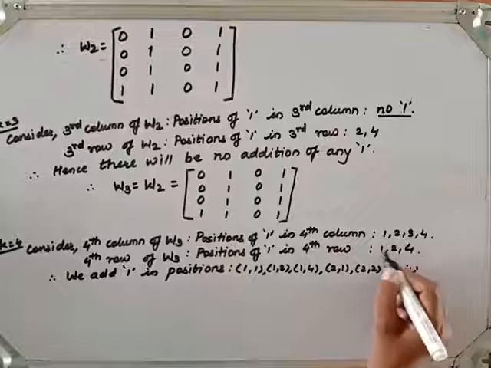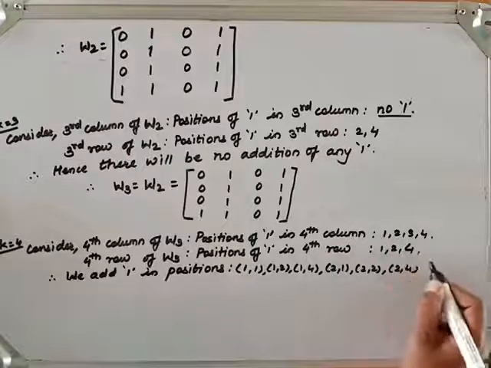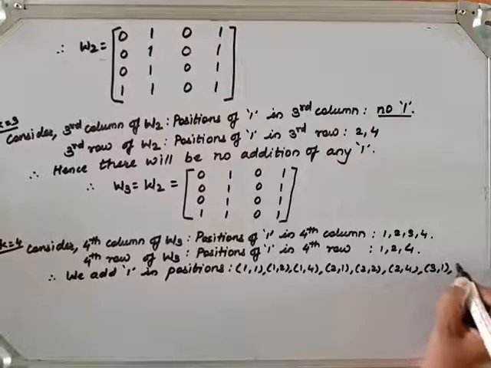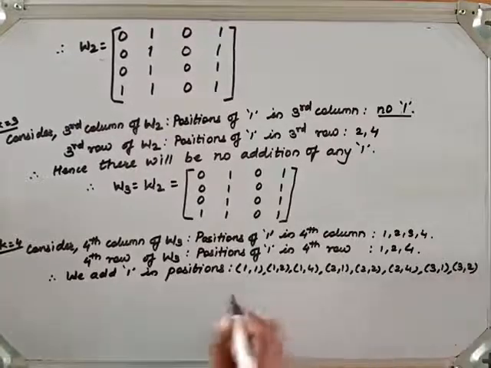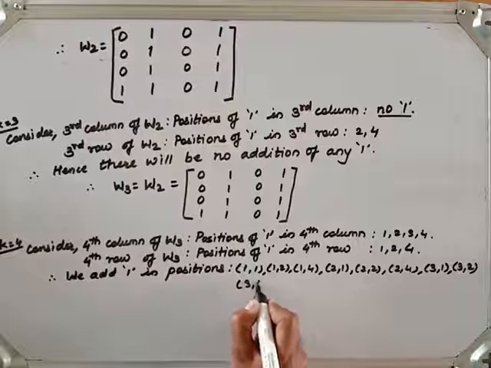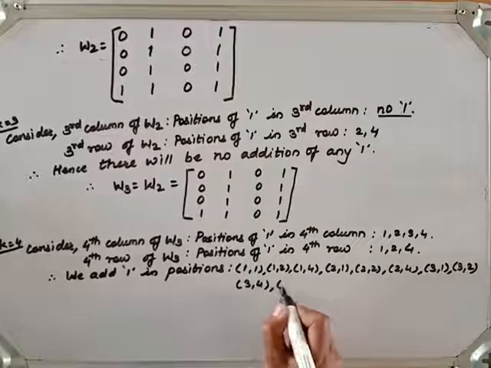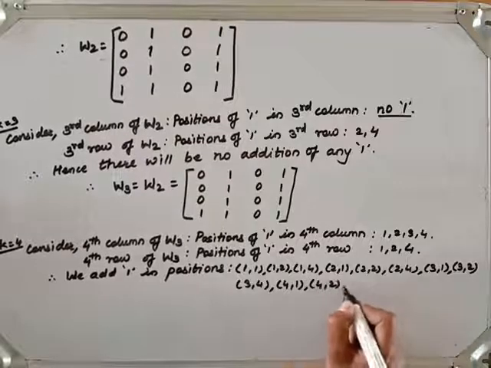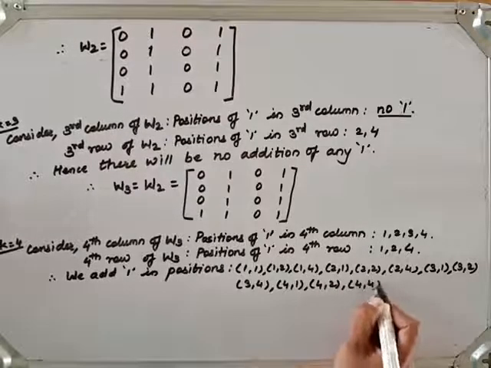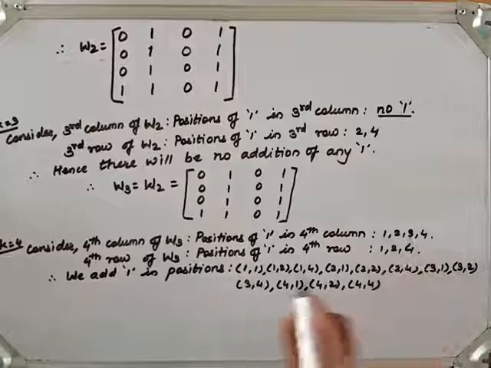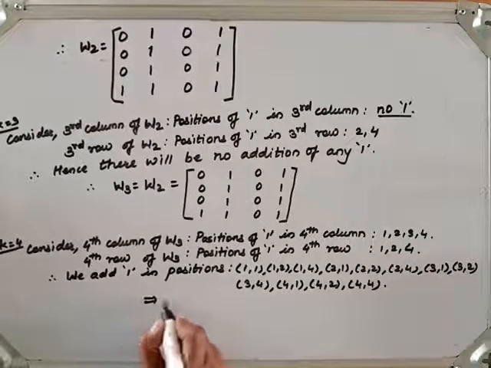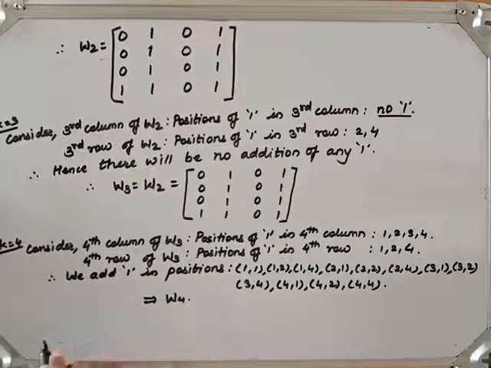Take each one with all these 3. Then 3, 1, 3, 2, then 3, 4. Further 4, 1, 4, 2 and 4, 4. Such 4 3s are 12 pairs we get here, and that gives us W4.